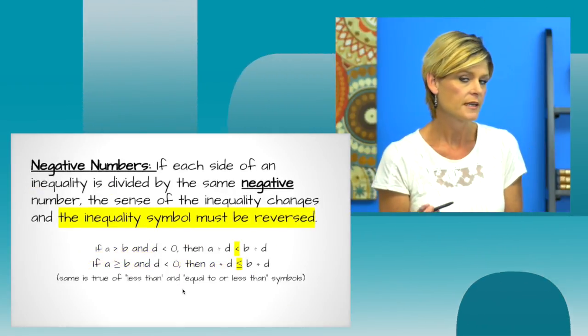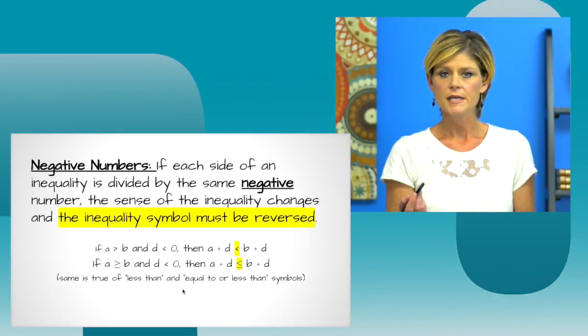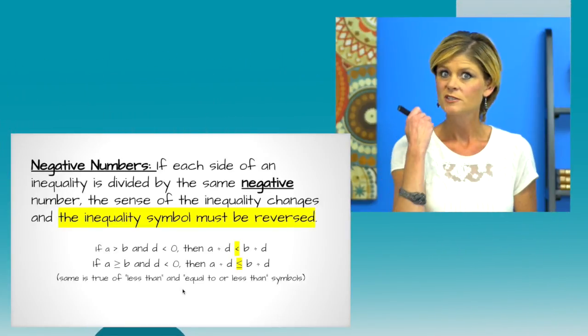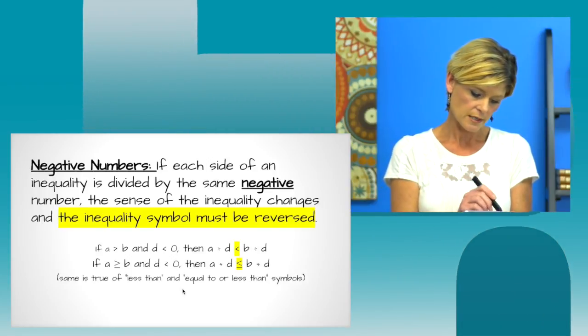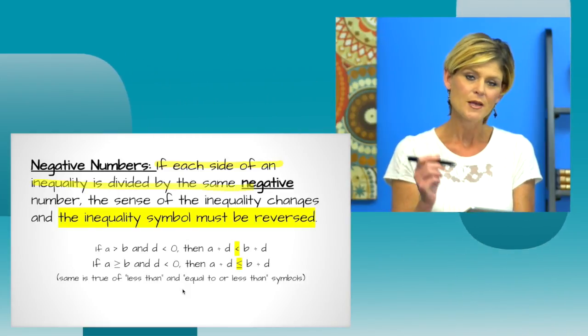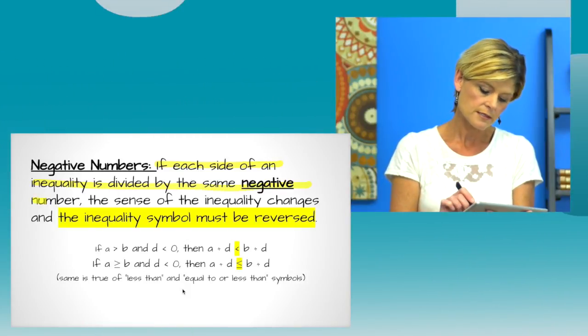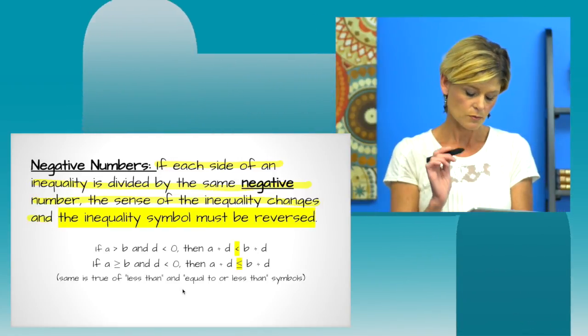And now we'll talk about the negative numbers. Same thing with multiplication. When we're dividing by a negative number in inequalities, we're going to switch that symbol to go to the opposite direction. As it's formally written out, if each side of an inequality is divided by the same negative number, the sense of the inequality changes and the inequality symbol must be reversed.